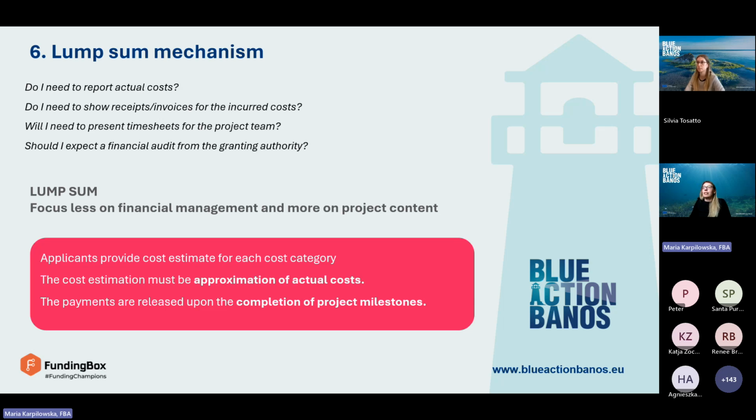Okay, the lump sum works this way, that you provide this cost estimate and then the payments are released upon the completion of project milestones. So we pay against the results. This is the idea, the clue for this lump sum mechanism.